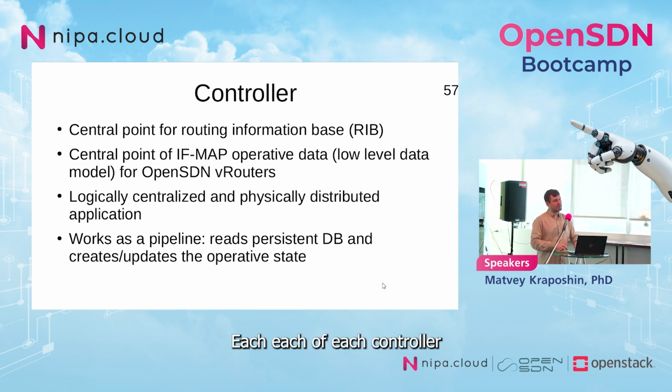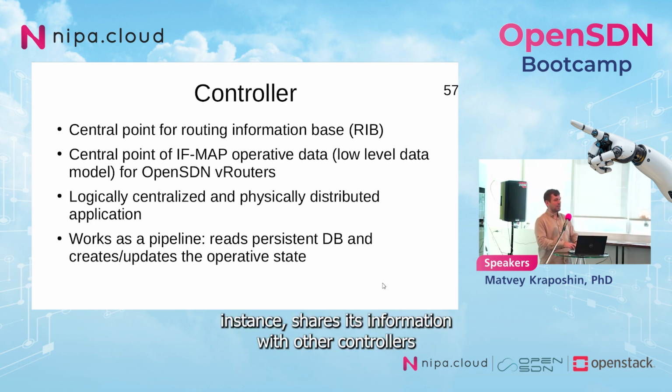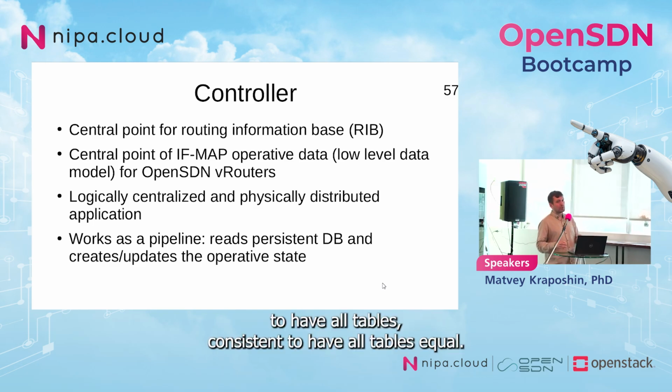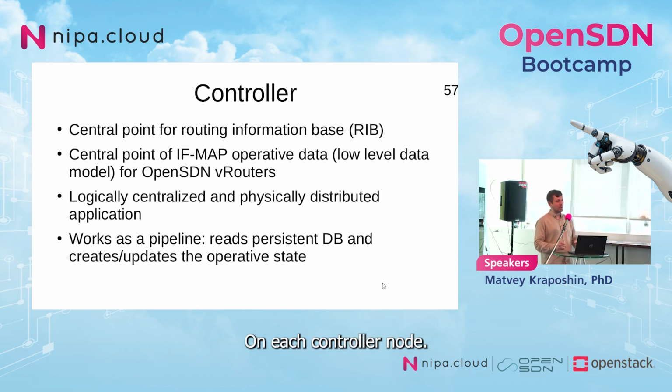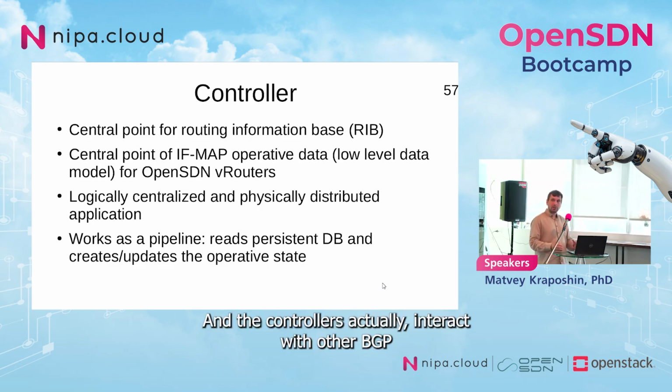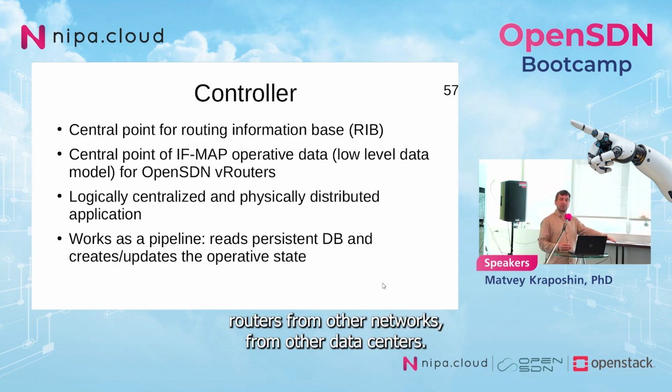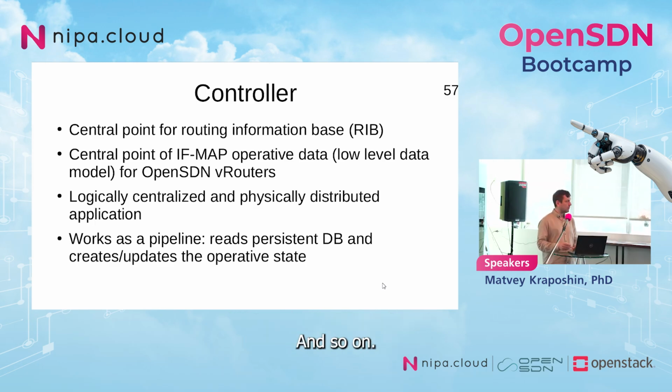Each controller instance shares its information with other controllers to have all tables consistent, to have all tables equal on each controller node. And controllers actually interact with other BGP routers from other networks, from other data centers, and so on.